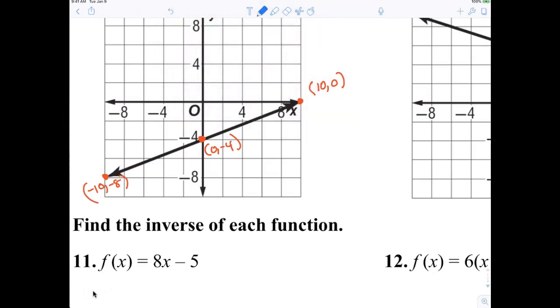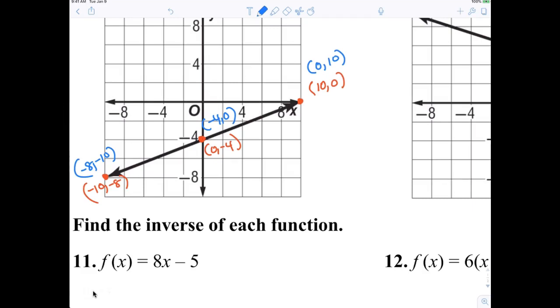Now we're going to do the inverse. So if I do the inverse, it would be 0, 10. It'd be -4, 0, and it'd be -8, -10. Does everybody see that? Now all I did was just write the points. Now I want to graph those 3 points.